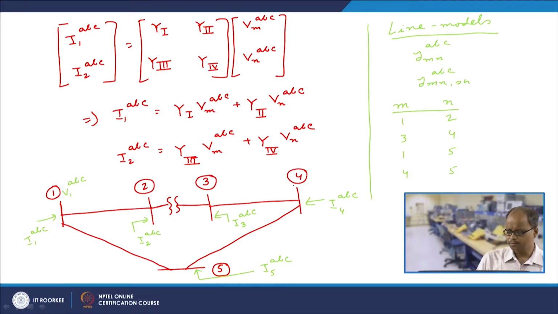Now, for the purpose of writing the equations at bus 2 and bus 3, let us denote bus 2 as bus M, and bus 3 as bus N, and let us say this is I1 ABC, and this current is I2 ABC.